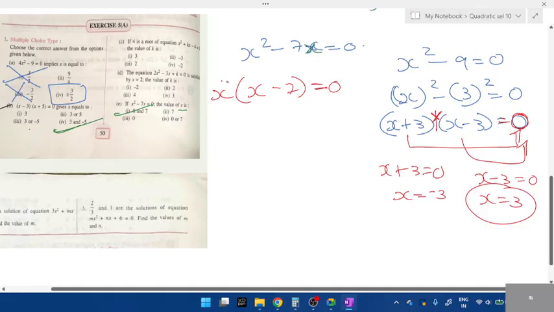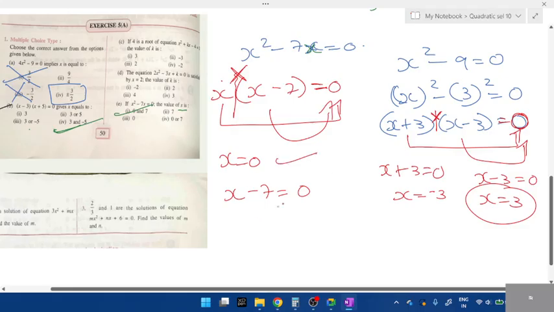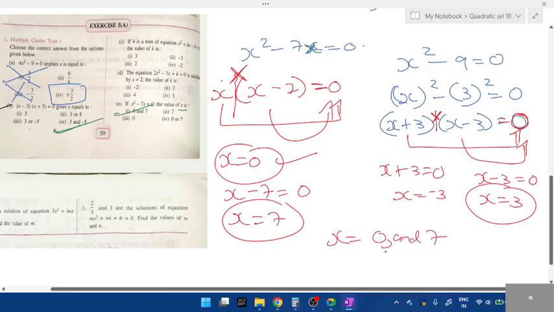In between x and x minus 7, there is which sign? Use product rule. Take x is equal to 0. Next, take this. X is equal to 0 is correct. X minus 7, x is equal to. So x is equal to, what are the values? 0 and, not or, it is and. Remember that.